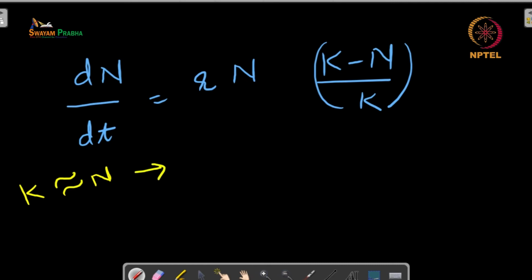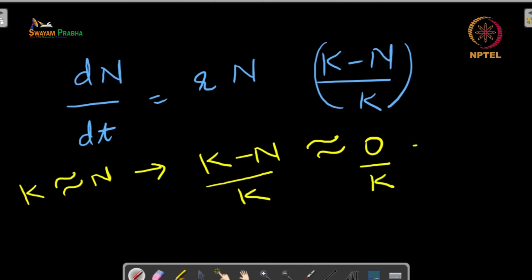In that scenario, we can write that K minus N is approximately equal to 0, because it is a very small value. Because K is approximately equal to N, K minus N by K is approximately equal to 0 by K, which is 0.